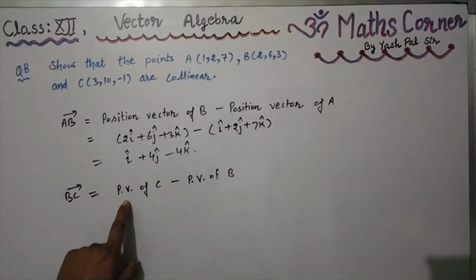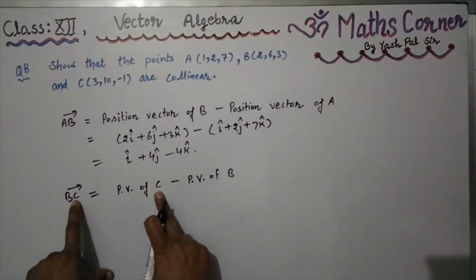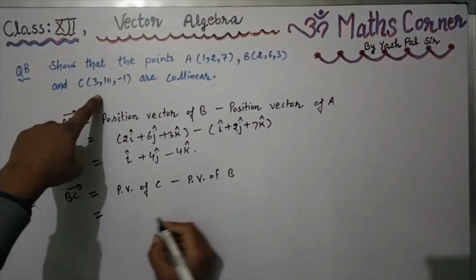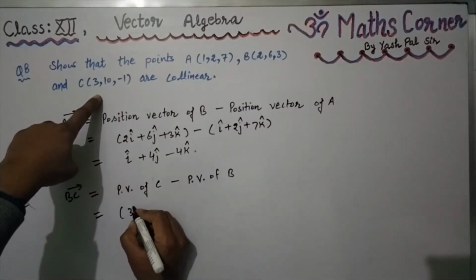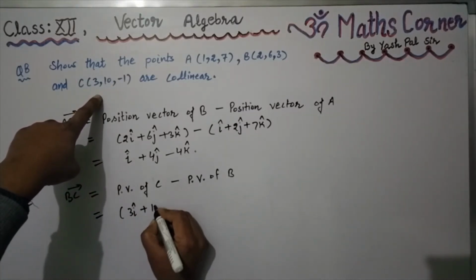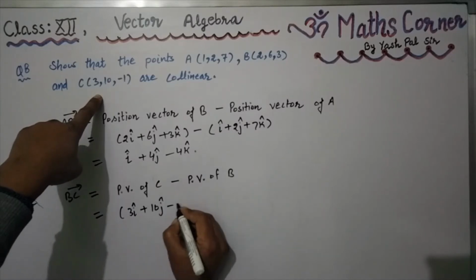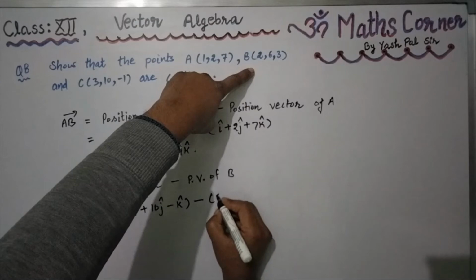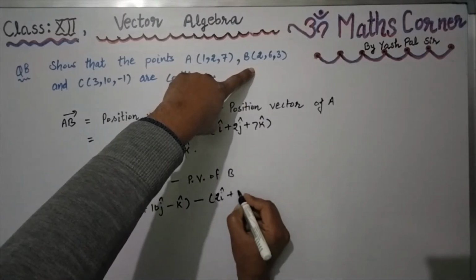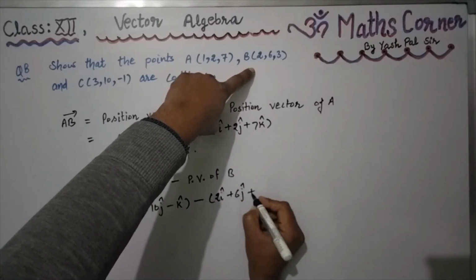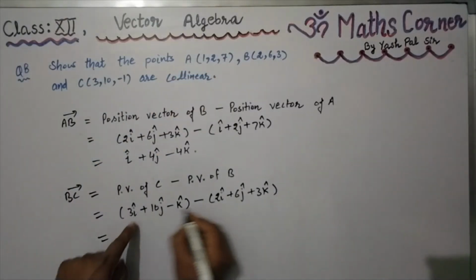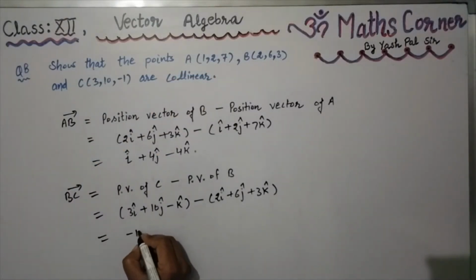Similarly, we find BC is equal to position vector of C minus position vector of B, which is 3i plus 10j minus 1k minus B, which is 2i plus 6j plus 3k.